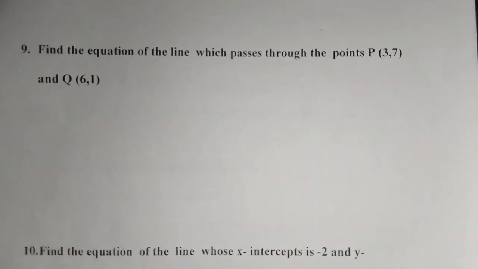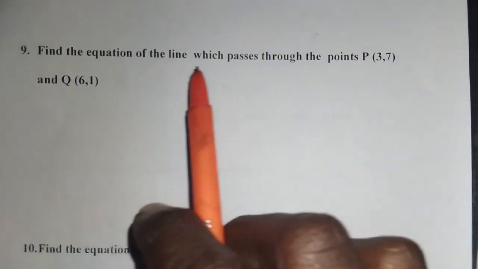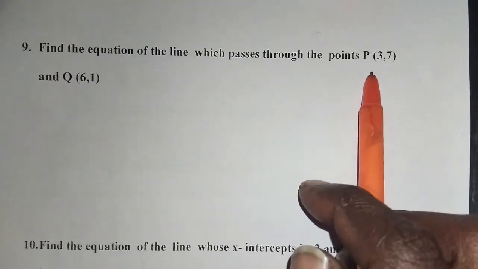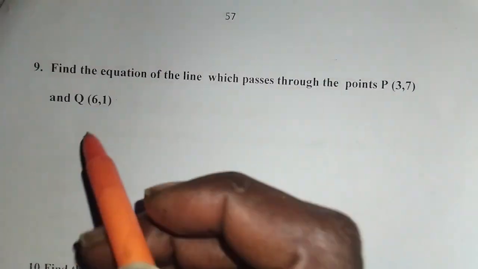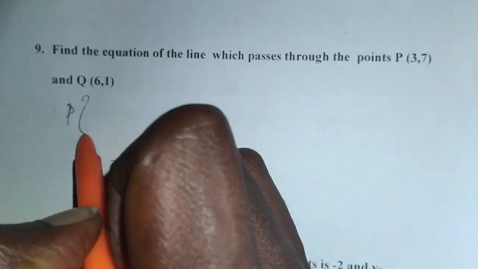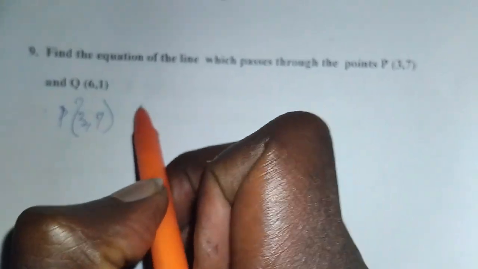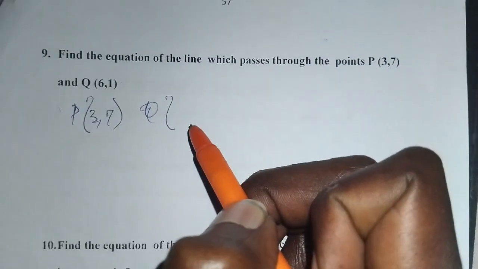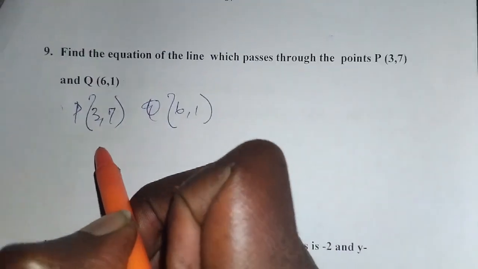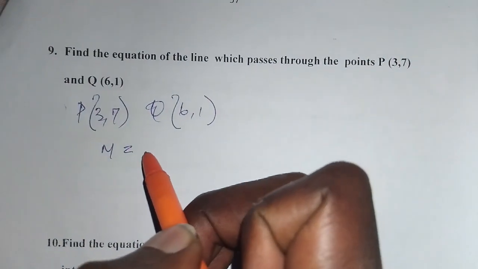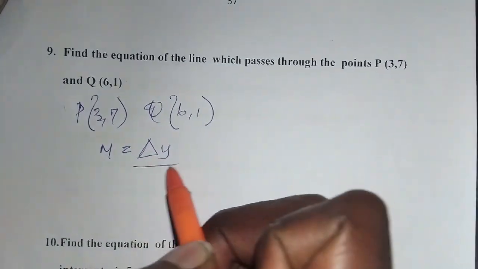Question 9. Find the equation of the line which passes through P and Q. We are given 2 points. So point P is (3, 7) and Q is (6, 1). So we need to find the gradient, change in y over change in x.